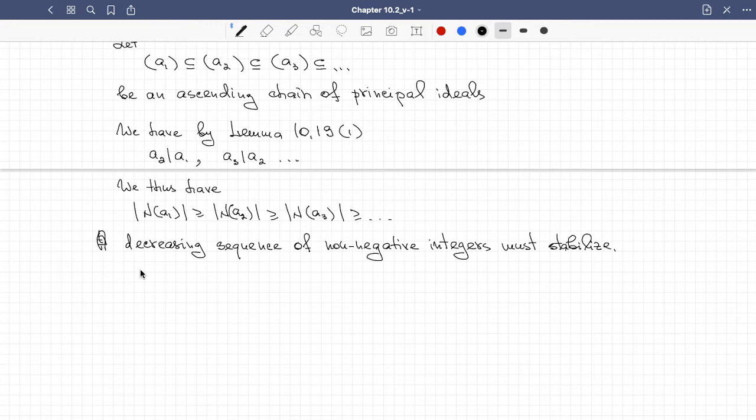So from some point on, you have that the norm of an is equal to the norm of an plus 1, equal to the norm of an plus 2, and so further. All of them must be equal by absolute value.